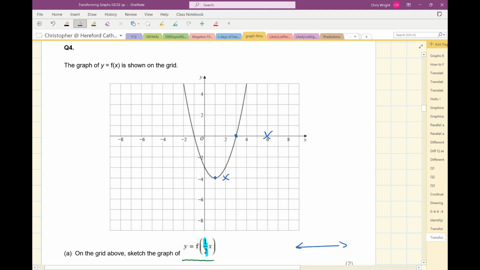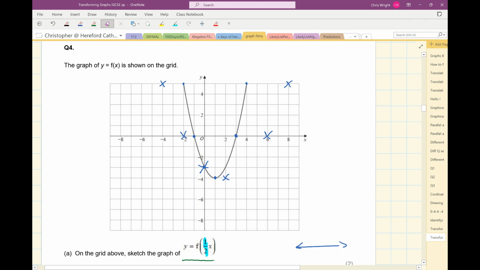This point has got an x coordinate of 0, so now it'll have an x coordinate of 0, twice 0 being 0. This point has got an x coordinate of minus 1, so now it will have an x coordinate of double that, minus 2. This point has got an x coordinate of minus 2, so its new x coordinate will be minus 4. And this point has got an x coordinate of 4, so its new x coordinate will be 8.